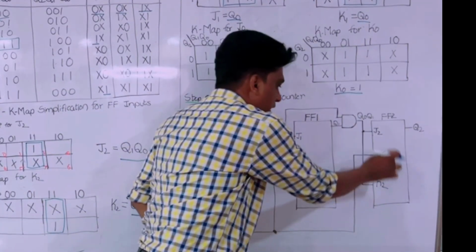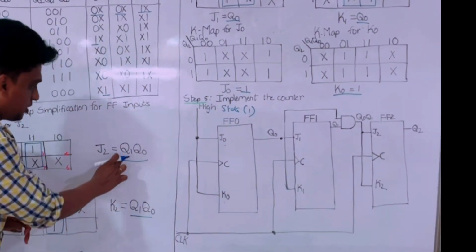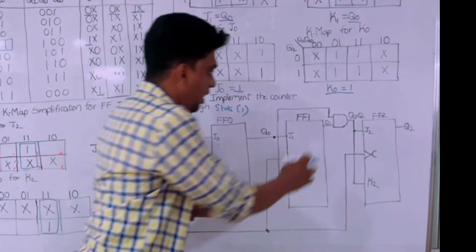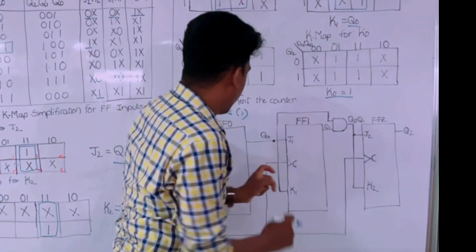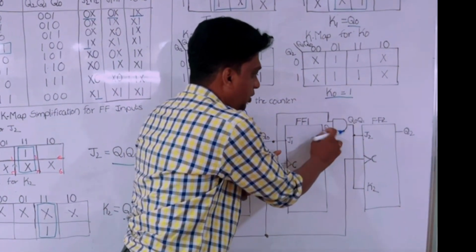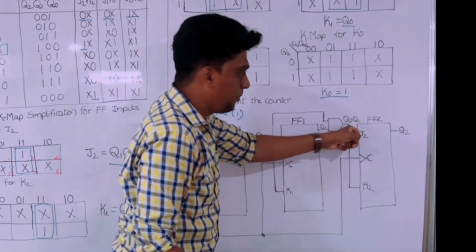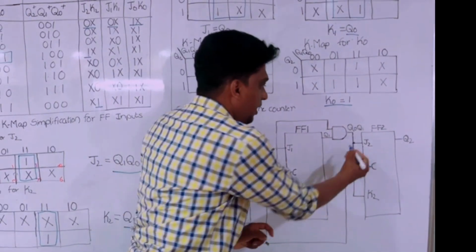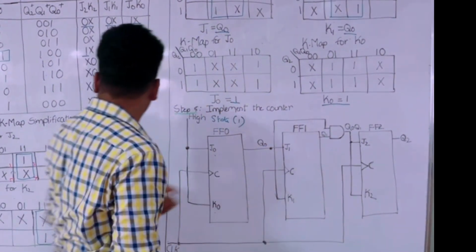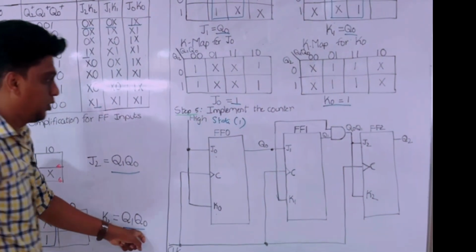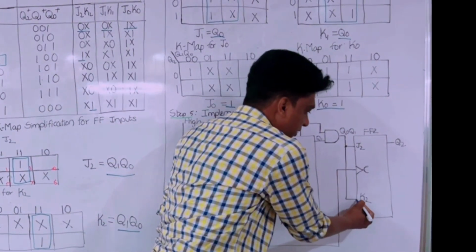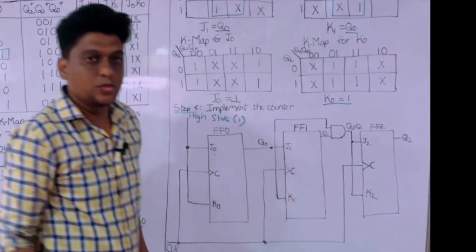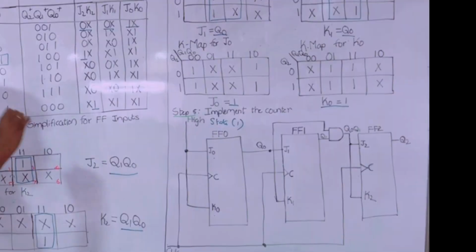Then for J2 and K2 it is Q1 Q0. Using an AND gate, we draw one line from Q0 and one from Q1 into an AND gate, so it becomes Q0 Q1. That is connected to J2, and the same value Q1 Q0 is connected to K2. So this is how a 3-bit synchronous counter is drawn.